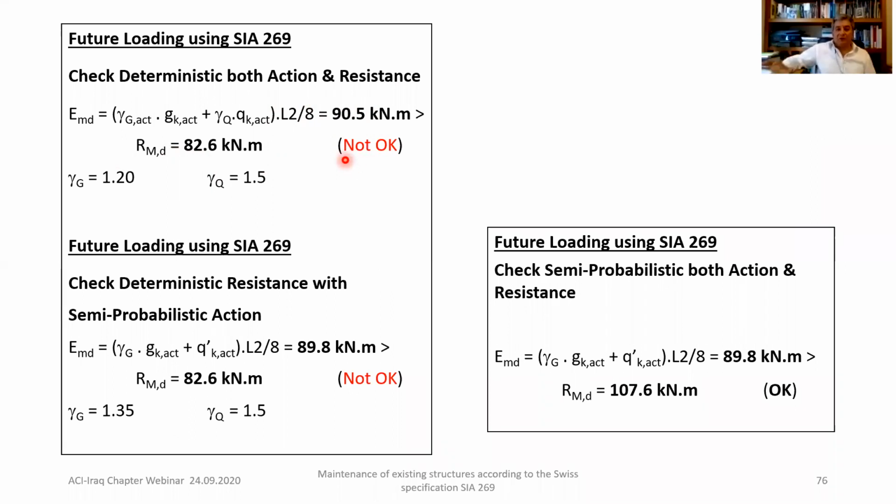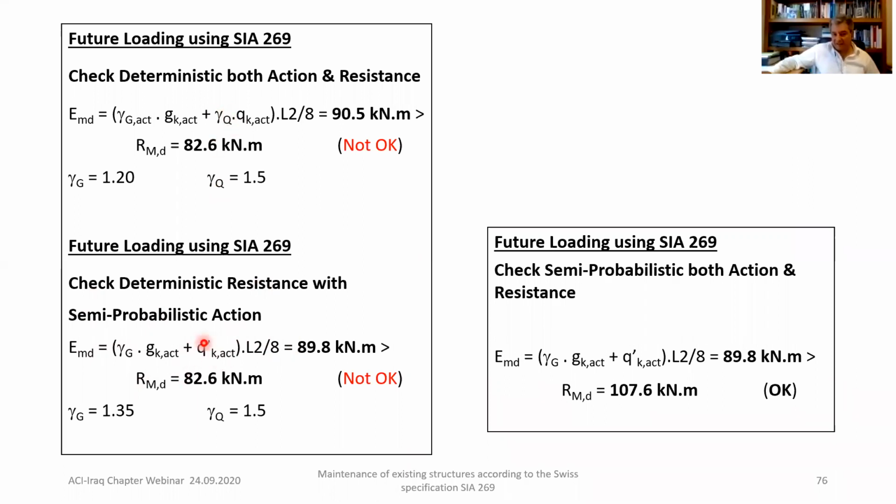So you don't have to declare that you need to reinforce this project. You can give it another chance by calculating for the first time only the action as a semi-probabilistic part. So you do the calculation and you can note that we don't have the factor of safety as here.